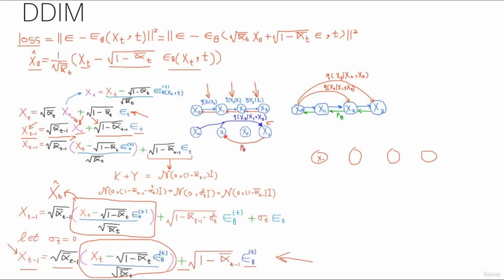Let's call this one the predicted x0. Okay, now here we have x1, x2, x3.